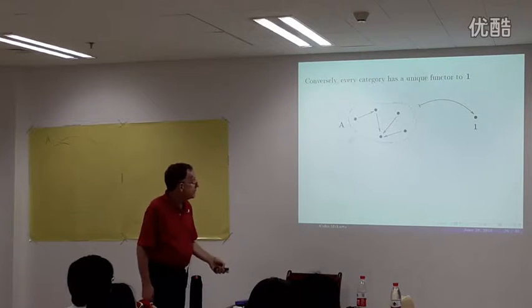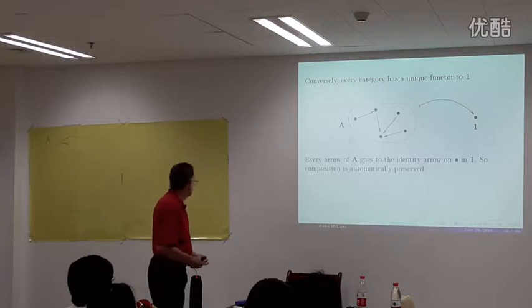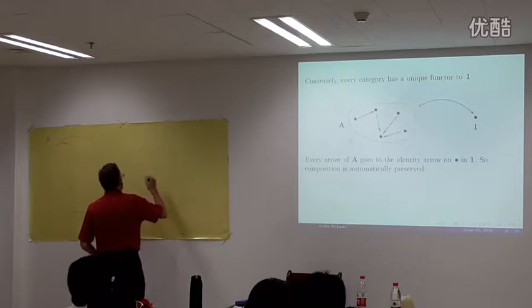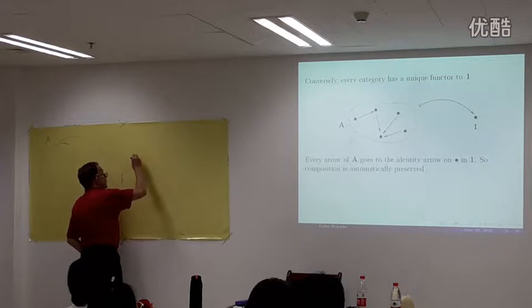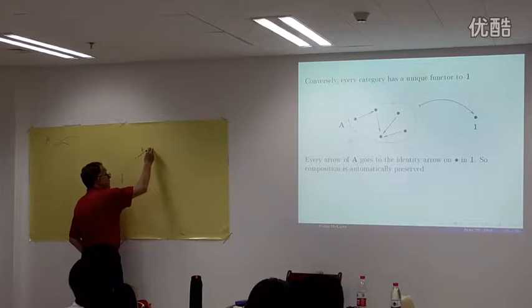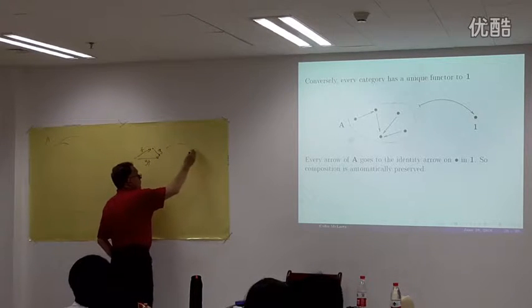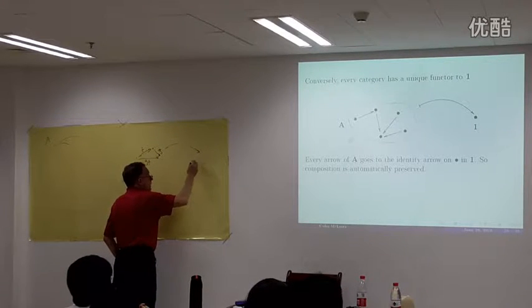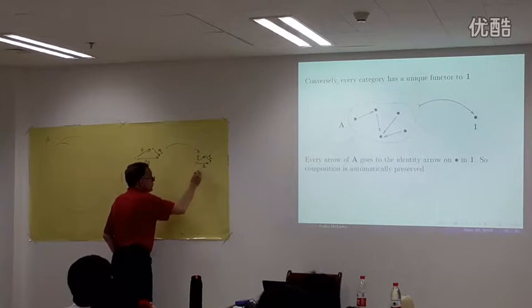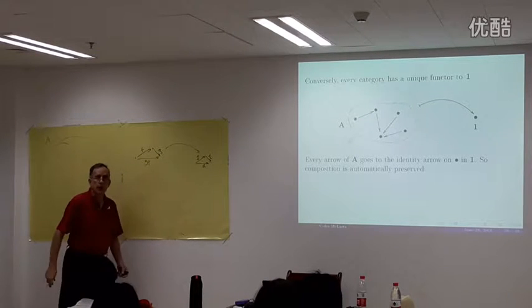Does that meet our defining condition? Well, sure. What we needed to know was that if you had a composable pair here, then it went to a composable pair. Well, it goes to what it has to. It goes to the identity arrow followed by the identity arrow, and the composite of those two is the identity arrow, and that went to the identity arrow.